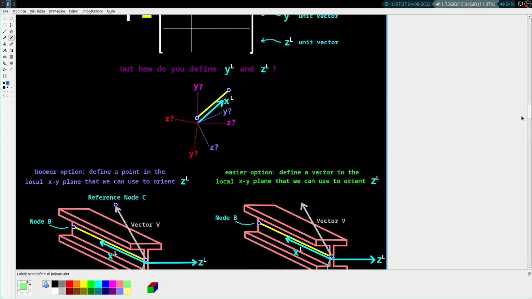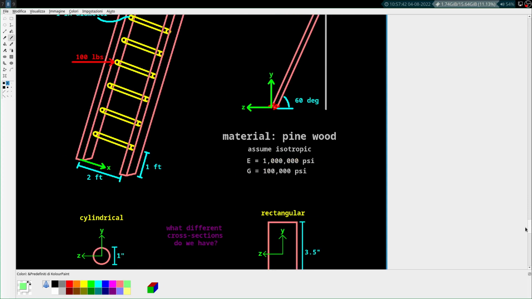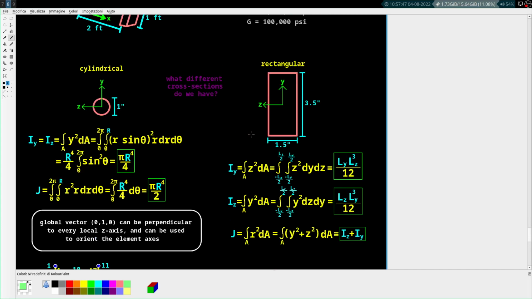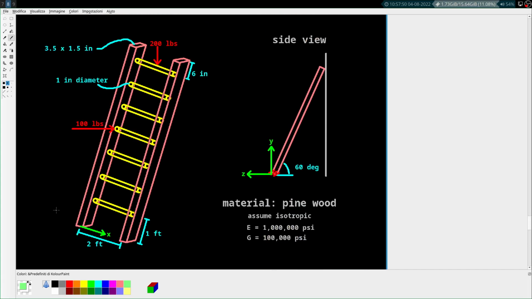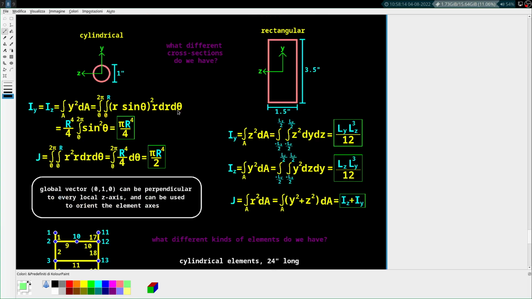Vector v being this vector here, because that will basically be in the xy plane for all of our cross sections. This vector here will be in the cross section in the xy plane locally for all of our elements, because this is the y-axis for the element as I drew here, and this can be in that plane. This is not perpendicular to that plane.